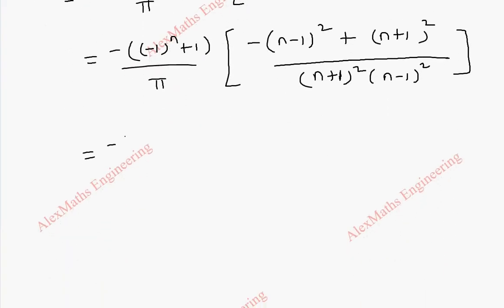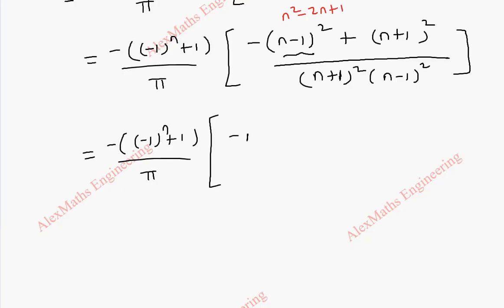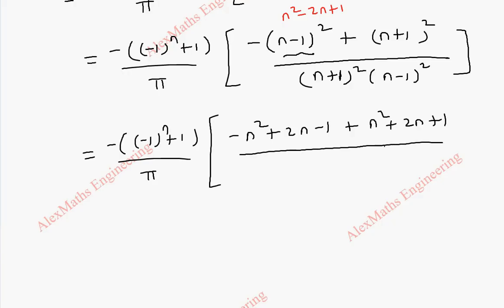Outside terms are as they are. If I expand this, it is n² - 2n + 1, but there is a minus sign outside, so it is -n² + 2n - 1, and this is n² + 2n + 1, divided by (n+1)(n-1), both are having square, so I put a common square.